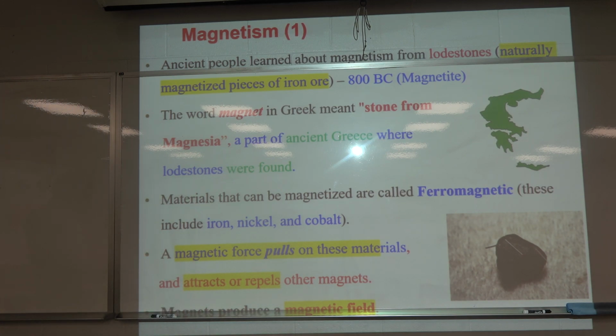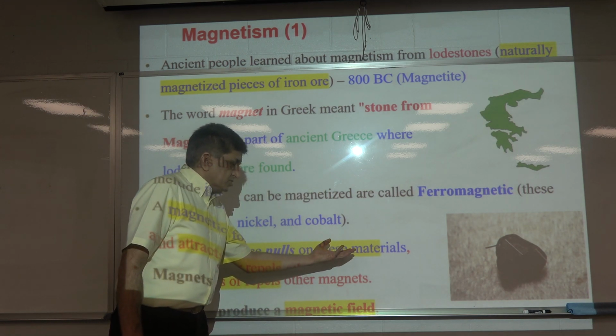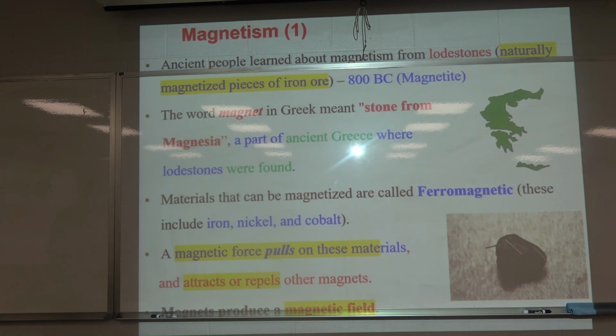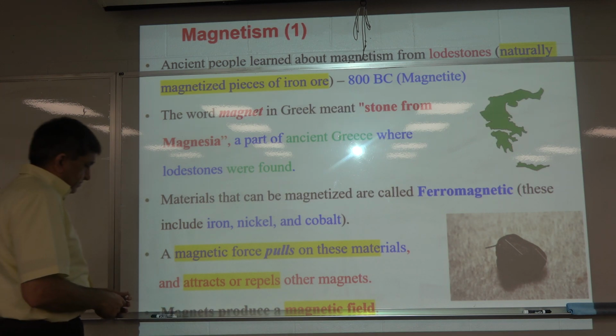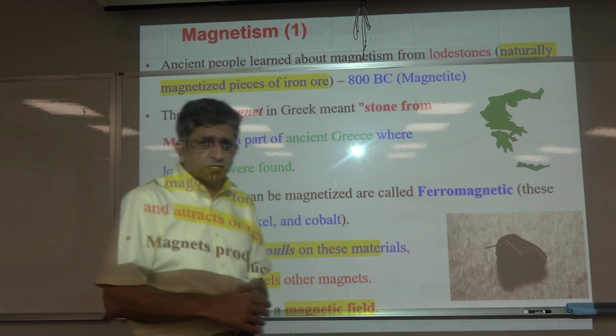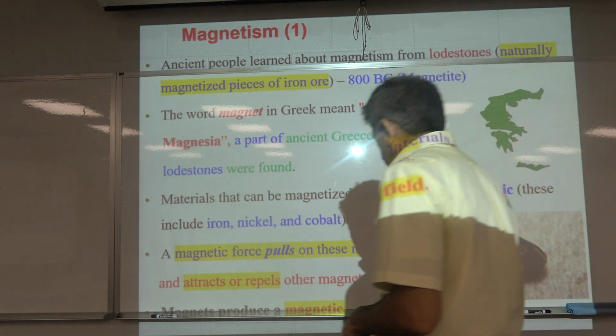Magnets have a magnetic force, just as charges have an electric force. With this magnetic force, when it is brought close to materials like iron, nickel, cobalt, these materials are attracted towards the magnets, or when similar magnets are brought close to each other, they will either attract or repel each other.